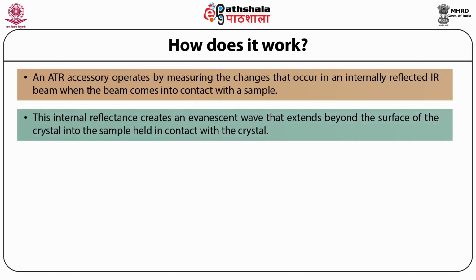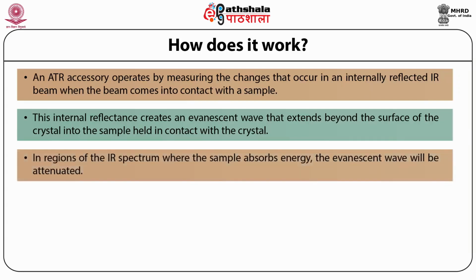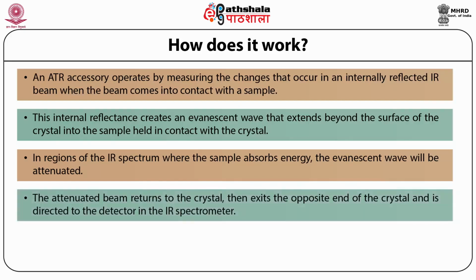This internal reflectance creates an evanescent wave that extends beyond the surface of the crystal into the sample held in contact with the crystal. In regions of the IR spectrum where the sample absorbs energy, the evanescent wave will have been attenuated. The attenuated beam returns to the crystal, then exits the opposite end of the crystal and is directed to the detector in the IR spectrometer.